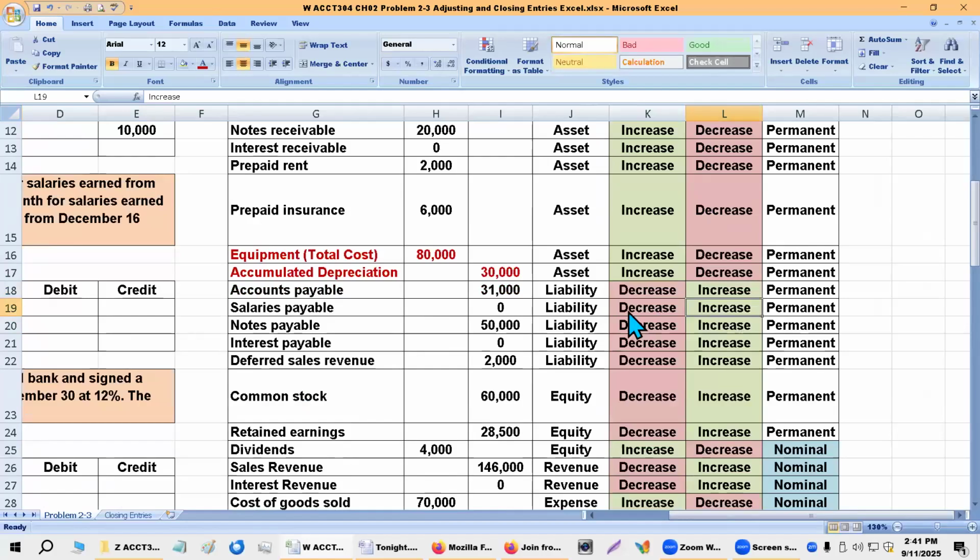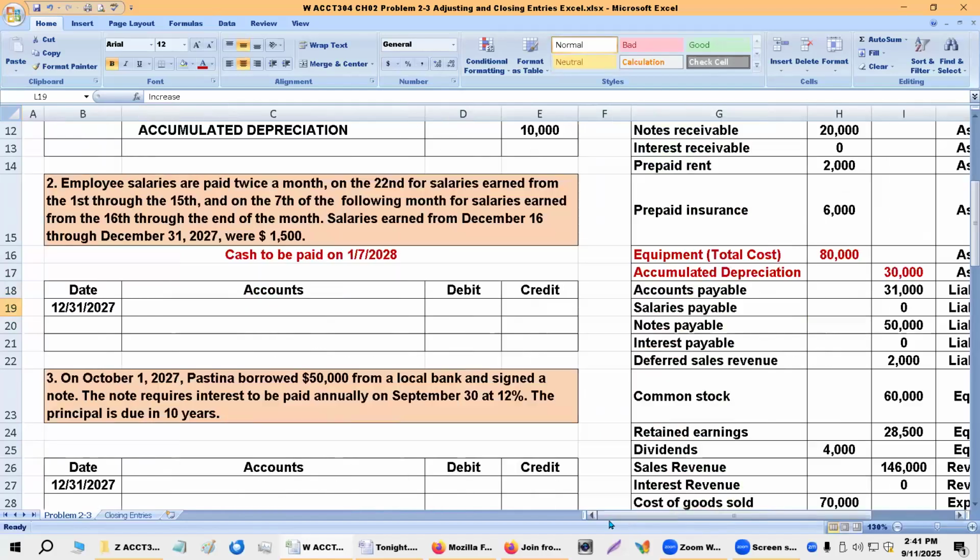So salaries payable. By the way, on a task, if you put in accounts payable, that's fine. It would be some kind of a payable. $1,500. What's going to go on the other side?